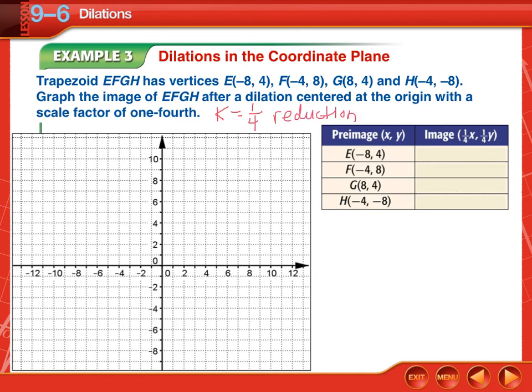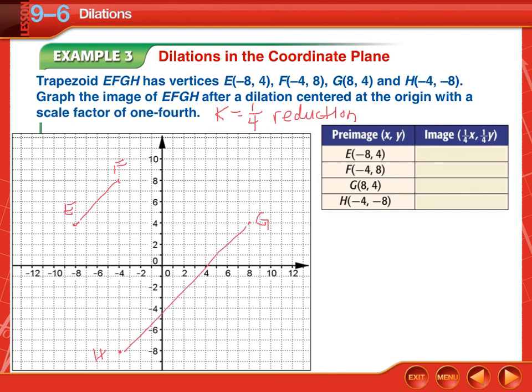Alright, so let's take a look at our locations. We're at -8, 4 for E, -4, 8 for F, G is 8, 4, and H is -4, -8. So we have a trapezoid.